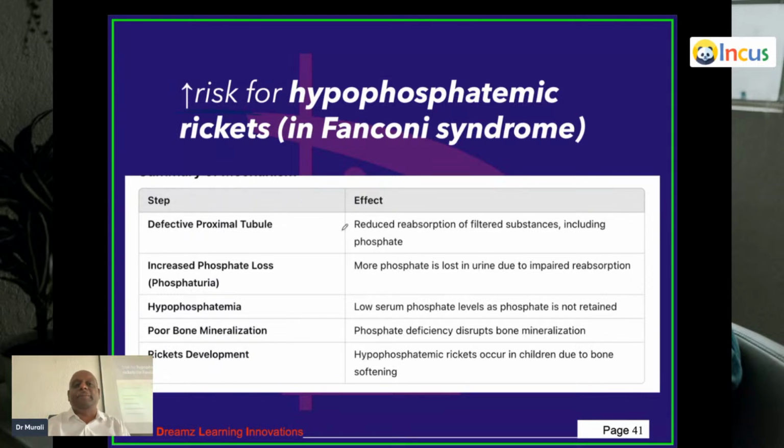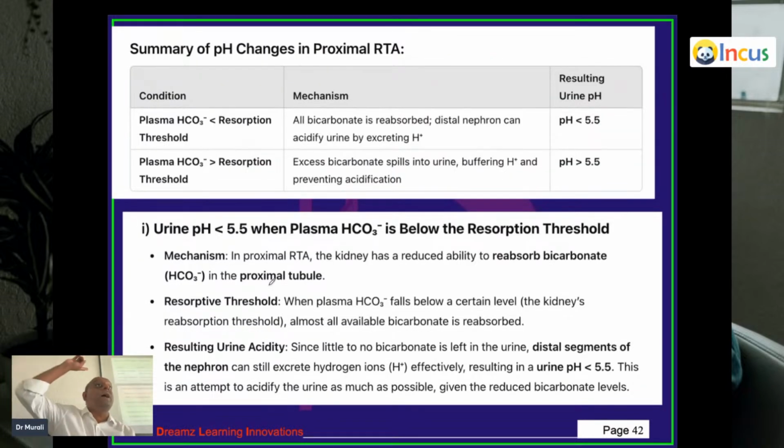Mineralization of the matrix doesn't occur unless phosphate, calcium and vitamin D are available. Right? That leads to hypophosphatemic rickets. So you have calcium phosphate stones in distal RTA, and in proximal RTA you have hypophosphatemic rickets.